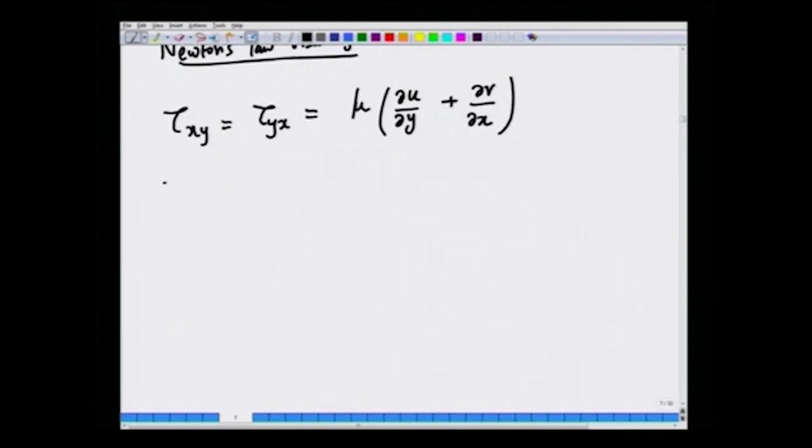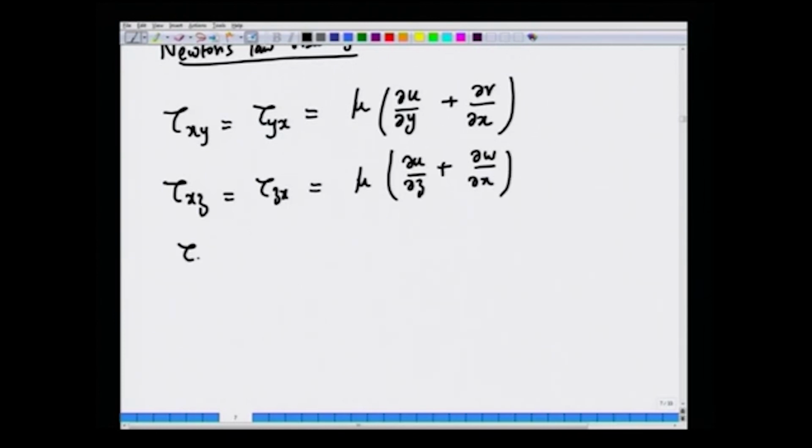Tau x z is tau z x is mu, and tau y z is mu.